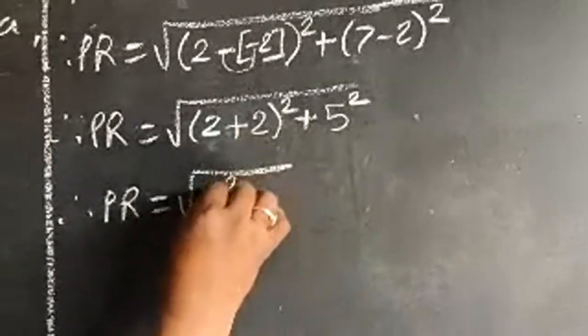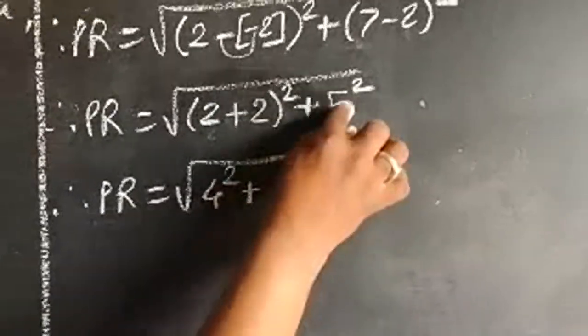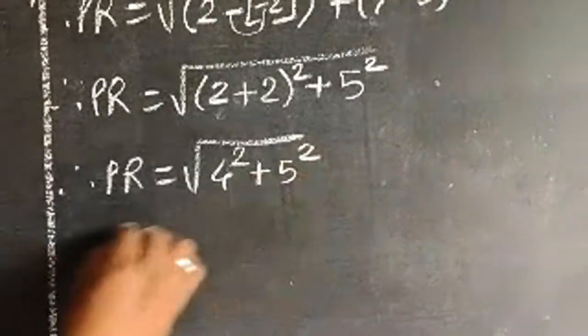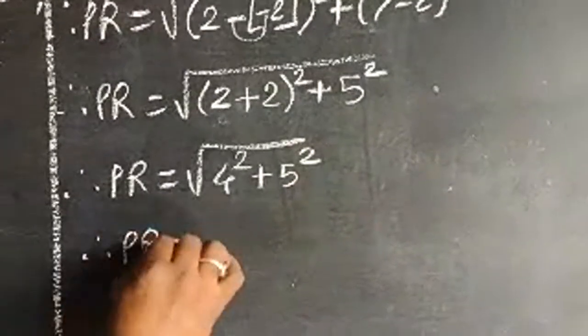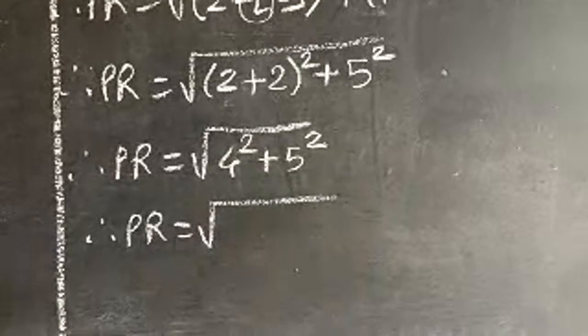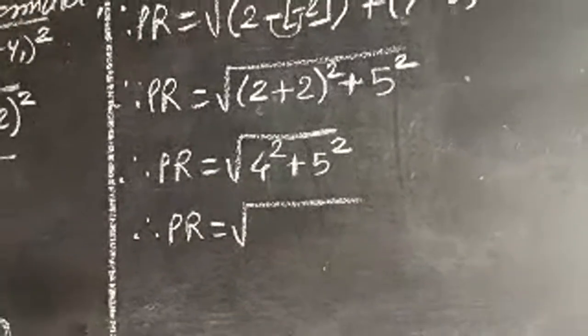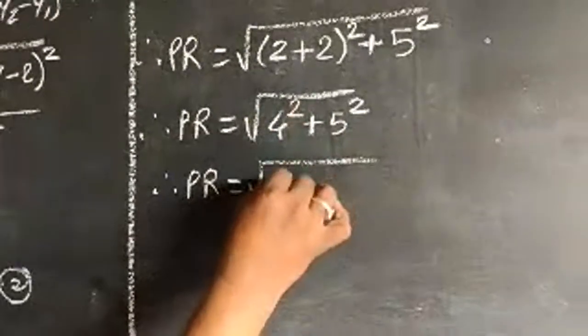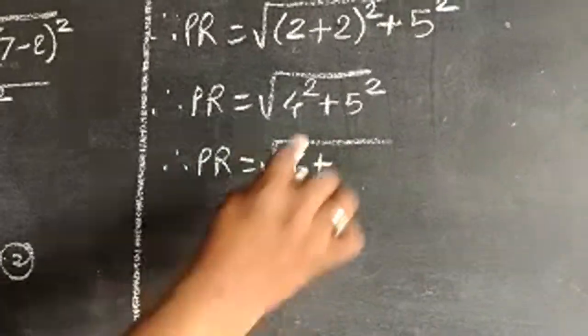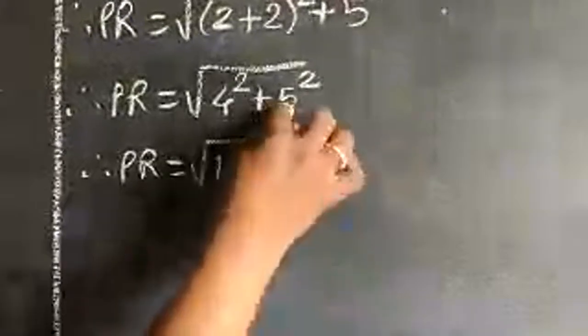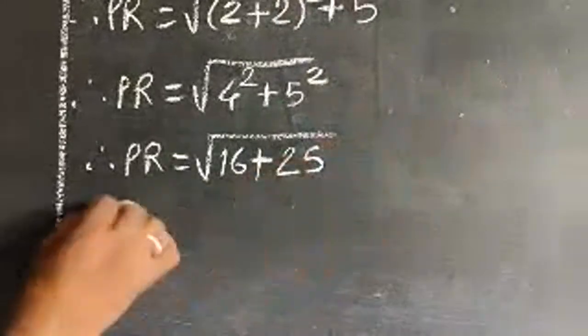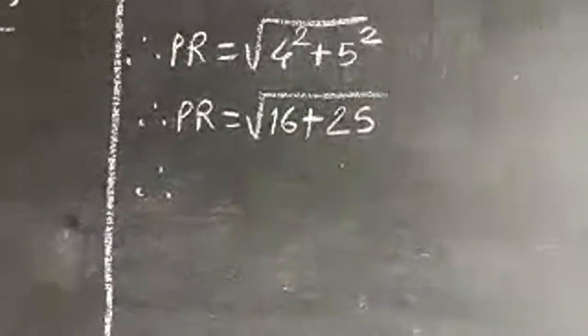Addition is 4 square plus 5 square. 4 square is 16 plus 5 square is 25.